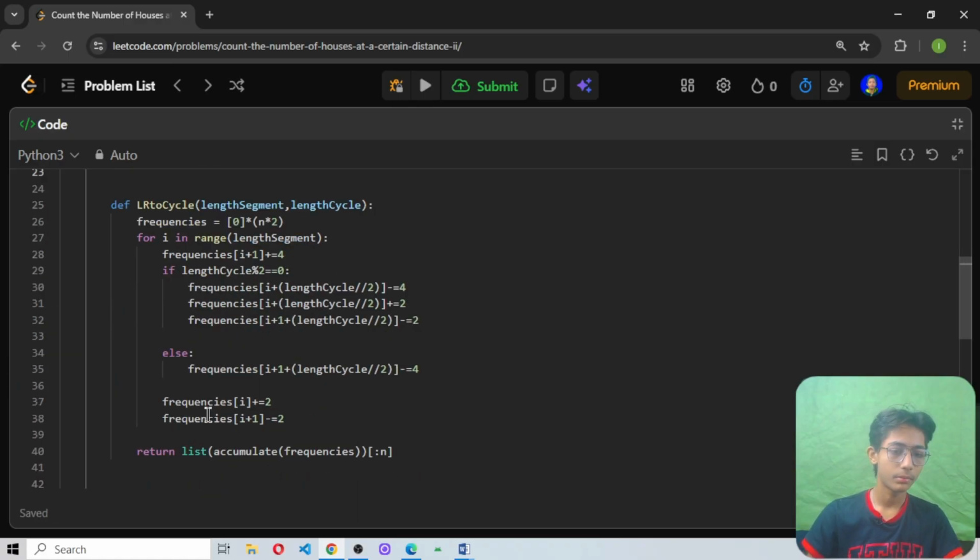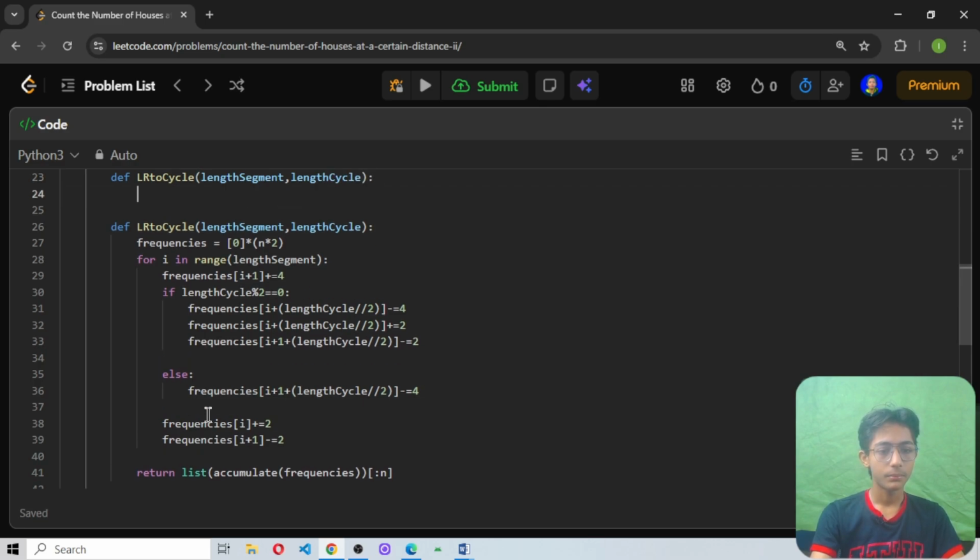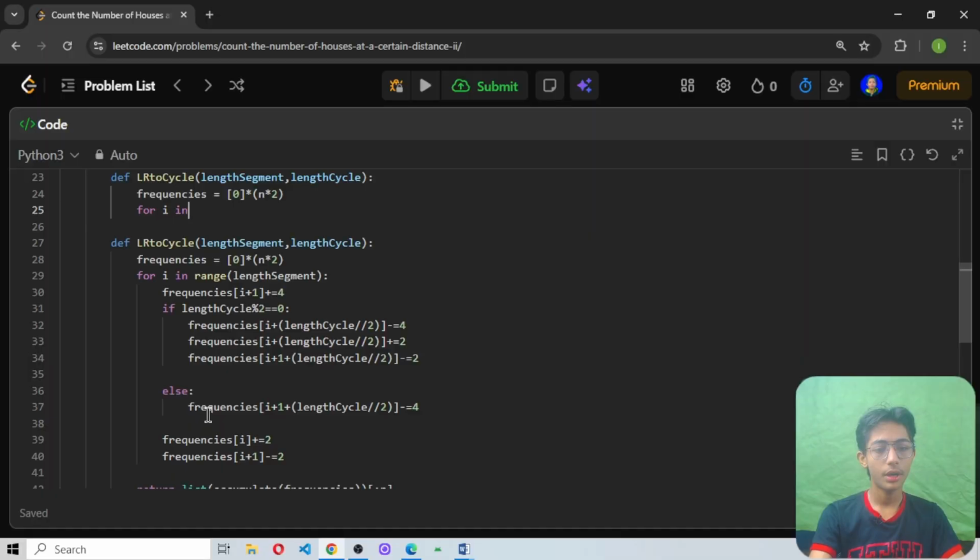Back. Def lr to cycle, length, cycle. Frequencies equals to 0 multiplied by n multiplied by 2, for i in range length segment.